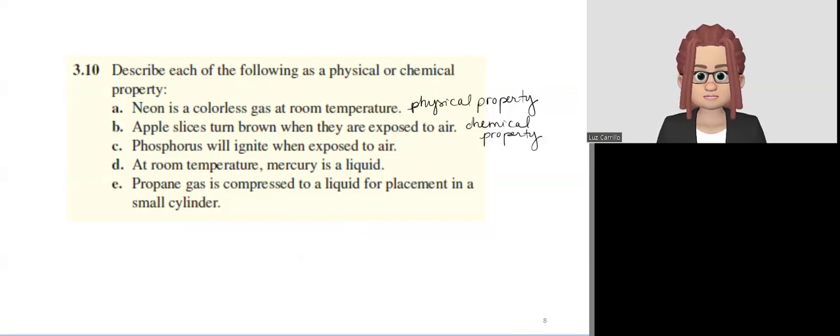Let's look at letter C. Phosphorus will ignite when exposed to air. Now you determine if that describes a physical or a chemical property. You can also do letter D and letter E as practice.